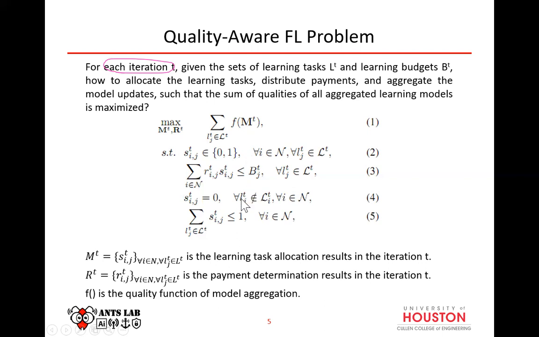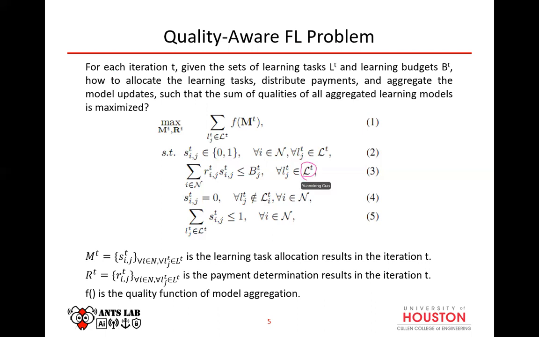Oh, okay. So this is a typo, right? They only have LT, right? They don't have the LIT, right? LIT means the learning task for the node I. And for example, if the learning task LJT is not included in this set, it means... So why here do they have LT?